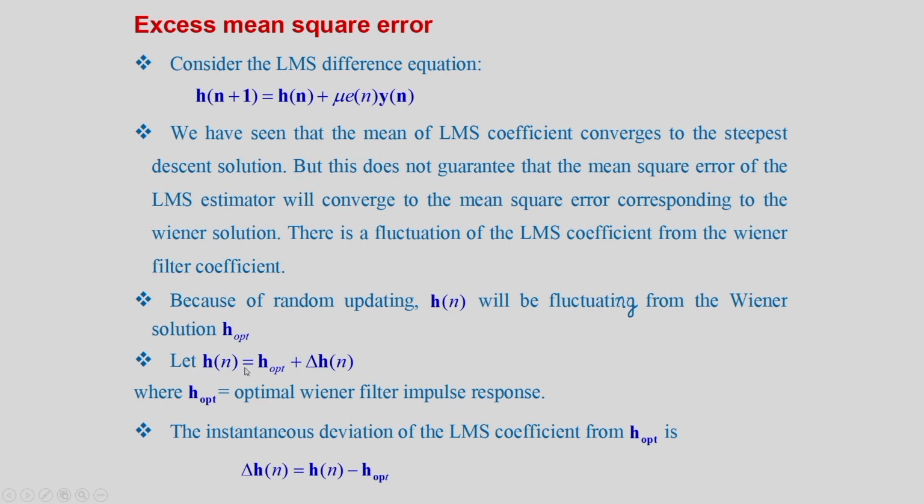Let Hn be equal to H opt plus delta Hn, where delta Hn is the fluctuation and H opt is the optimal Wiener filter impulse response, that is, the optimal Wiener filter coefficient vector. The instantaneous deviation of the LMS coefficient from H opt is given by delta Hn is equal to Hn minus H optimum.